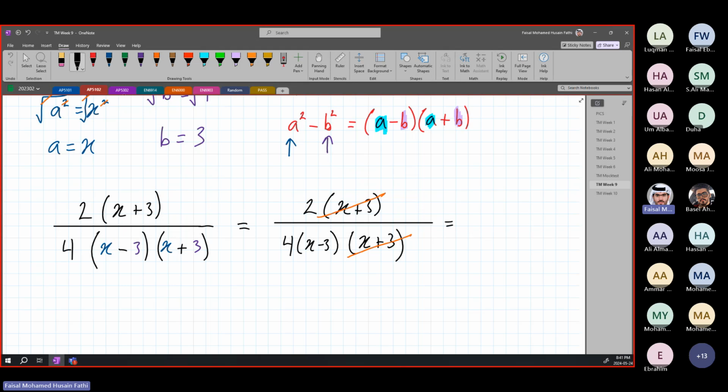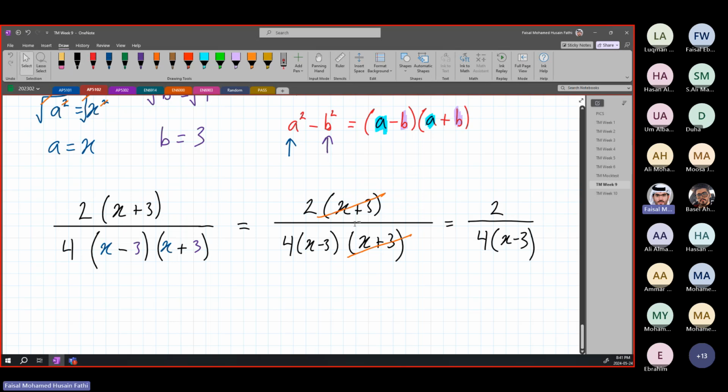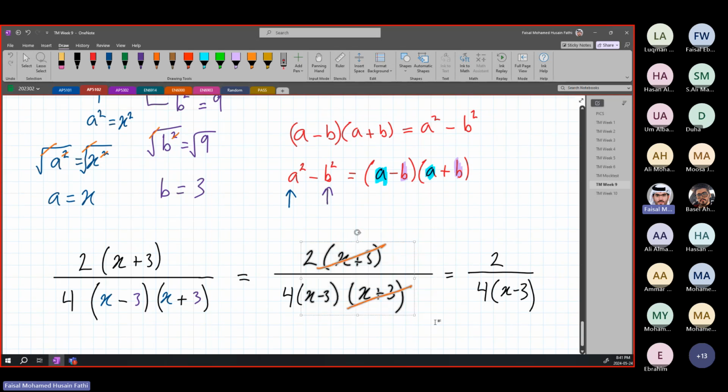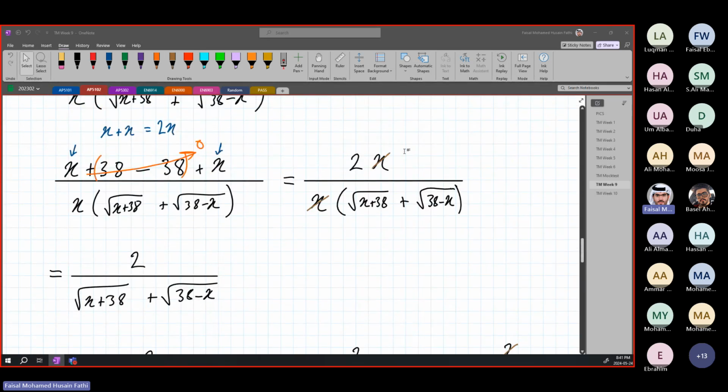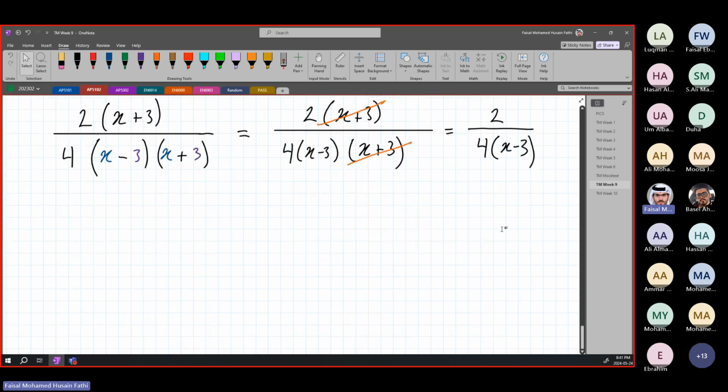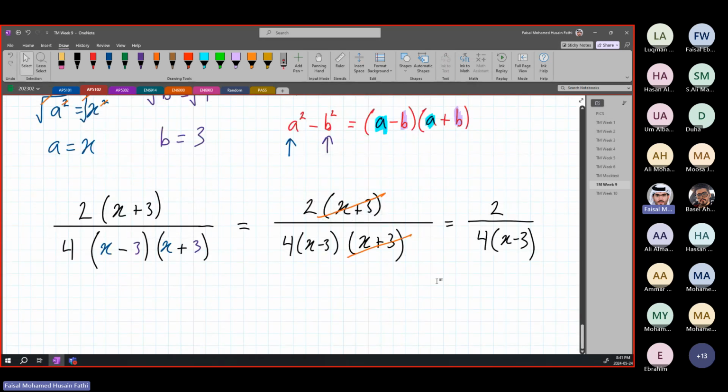We will be left with 2 divided by 4 times (x minus 3). So now we cancelled a part up and down, similar to what we did before with the conjugate. Here we were cancelling the x up and down. Now here we are cancelling our x plus 3 up and x plus 3 down.